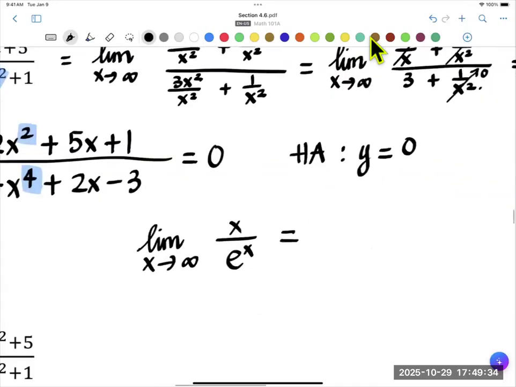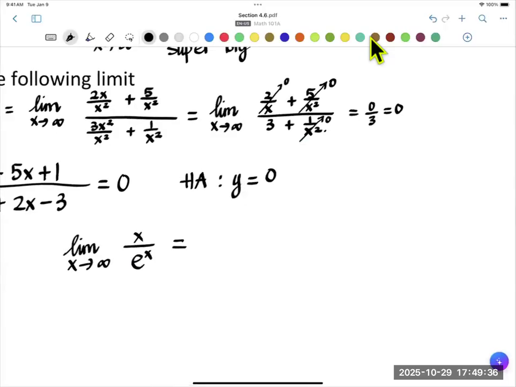Okay, so which one grows faster, or which one gets bigger when x approaches infinity? Let's say x approaches 100. My numerator is 100, right? And then my denominator is e to the power 100. Which one will be bigger? The numerator 100 is big, but how about the denominator?